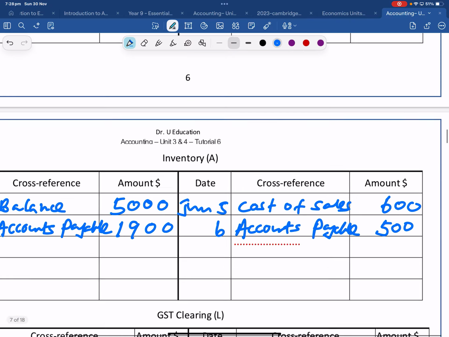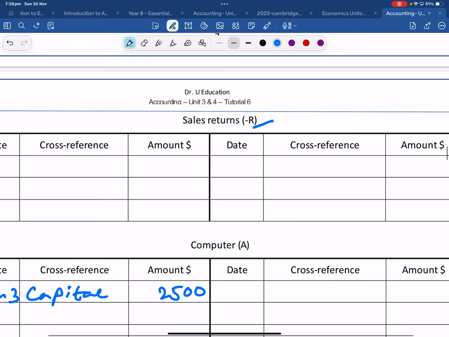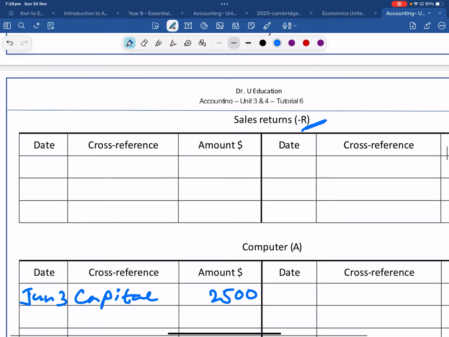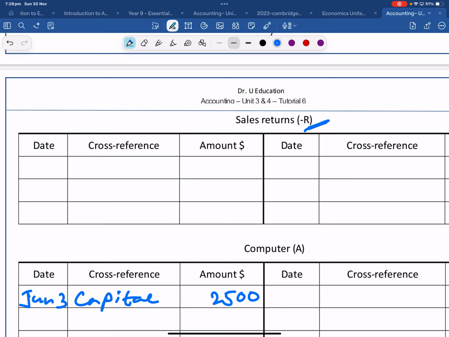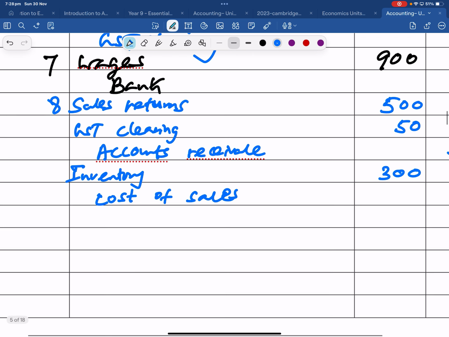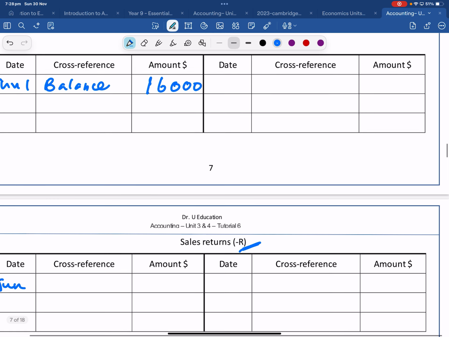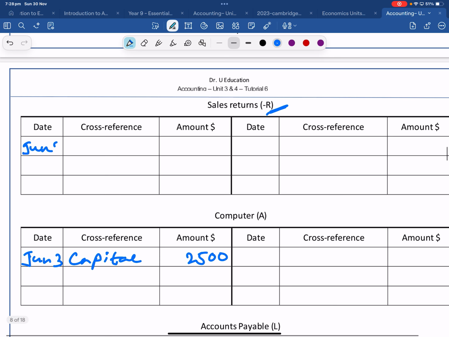Okay guys, sales returns. I have written negative revenue, minus R. So on June 8th we debit 500, saying what? Sales returns, accounts receivable.